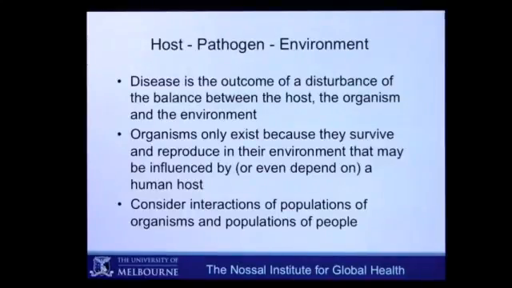And I think it's really important to recognise that the organisms only exist and survive because they have, in our case, we're looking at human hosts, sometimes get tangled up with animals as well, but mainly humans. In fact, most infectious diseases of human origin came from animals originally. And I think it's very helpful to consider interactions of populations of organisms and populations of people.